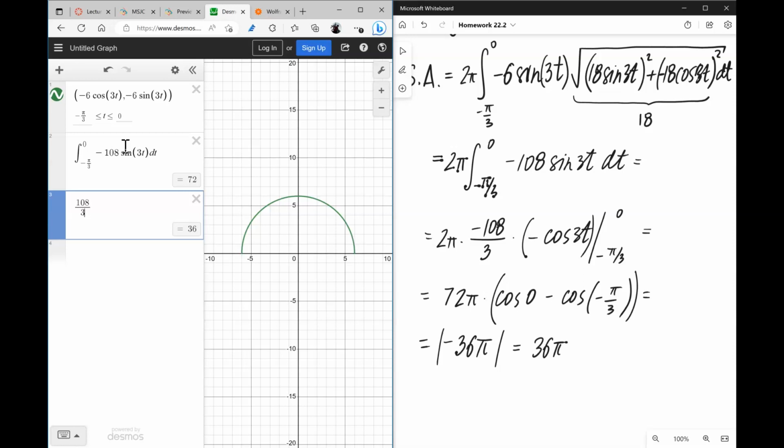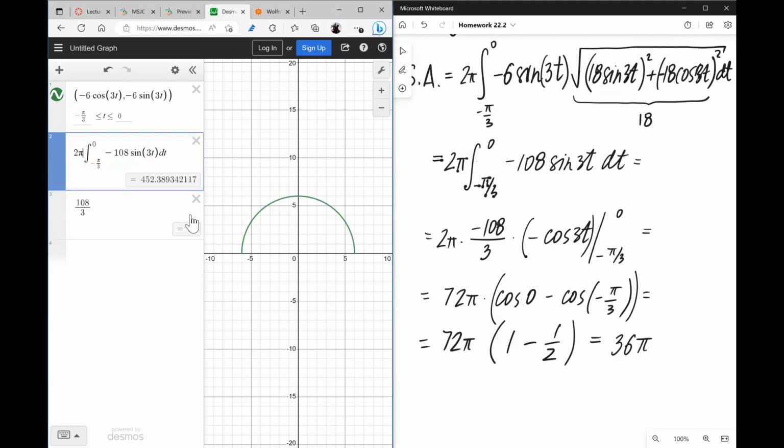What's cosine of pi over 3? I'm terrible with my trigonometry here. Cosine of 0 is 1. Cosine of negative pi over 3 is 1/2. So this is going to be 36 pi. Anyway, why am I not getting the 2 pi thing?